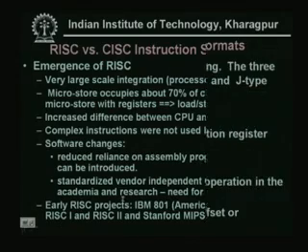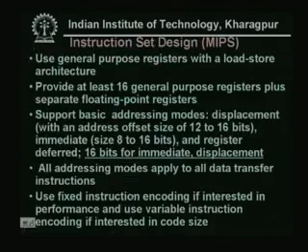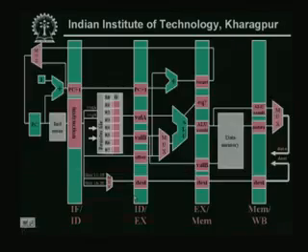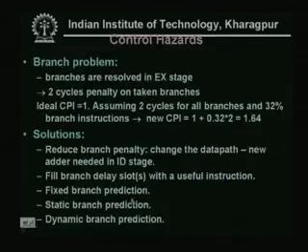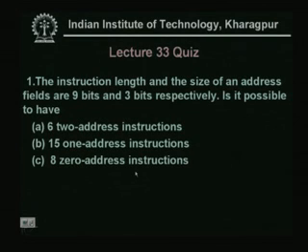Now, we will see the quiz of this class. We have discussed mainly the instruction set and the instruction format, and the opcode encoding, particularly the expanding opcode technique. So, based on that, our quiz question is: the instruction length and the size of an address field are 9 bits and 3 bits respectively.